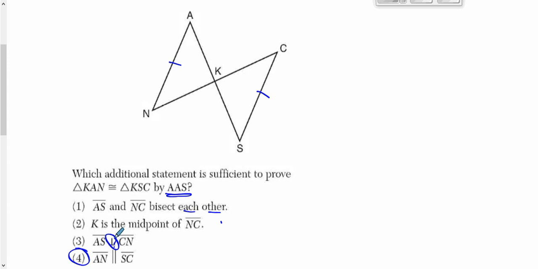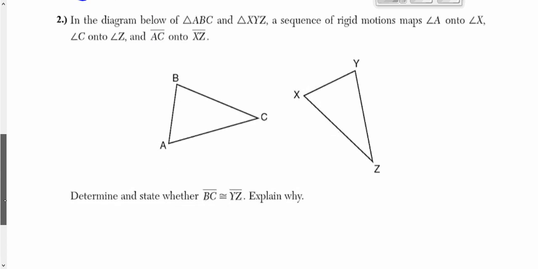Right angles. Does that get us any further? All right angles are what to each other? Congruent. And they're already congruent because they're vertical angles. So that doesn't really help us. All right, so the answer is 4. Thank you, Aiden. On to the next one.